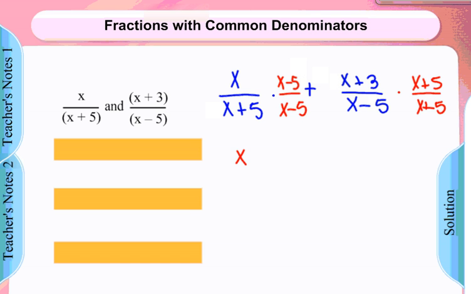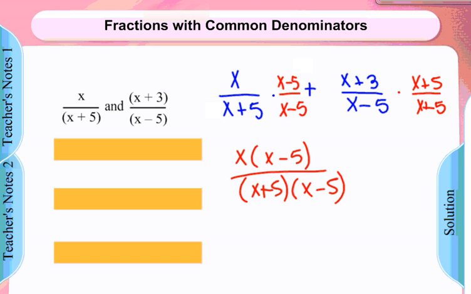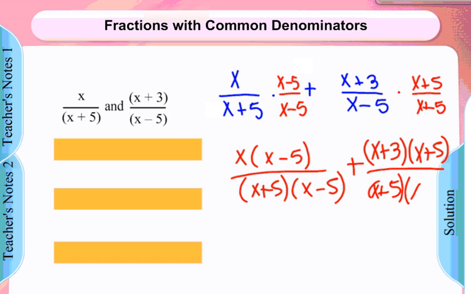And when we do so, we've got x minus 5 times x over the quantity x plus 5 times x minus 5, plus we've got x plus 3 times x plus 5 over x plus 5 times x minus 5. So now we have a common denominator of x plus 5 times x minus 5, and we can combine our two fractions into one.